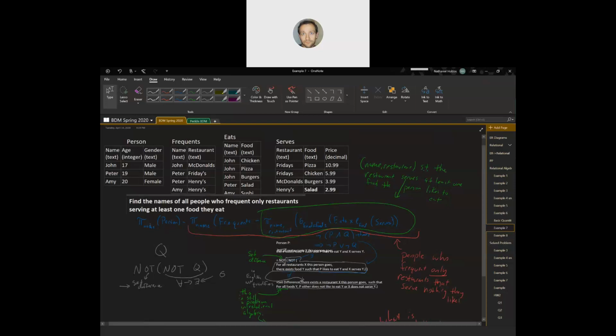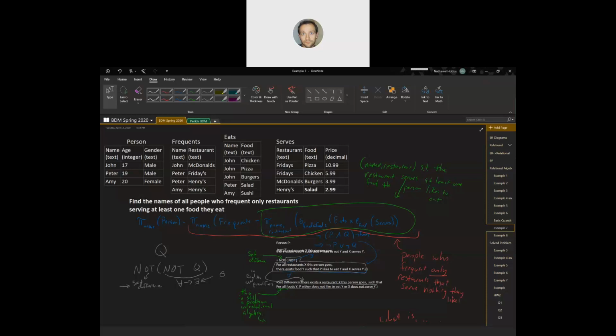This is the person table, and from these people, you remove people who only frequent the restaurants that serve things that they don't like. So what remains are people who frequent restaurants that serve something that they do like.